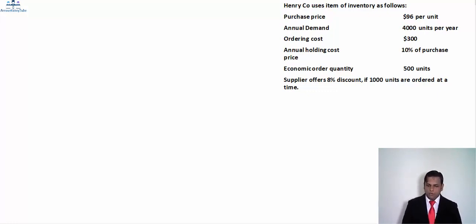We have been given some data: purchase price is $96 per unit, annual demand is 4,000 units per year, ordering cost is $300, annual holding cost is 10% of purchase price, and economic order quantity is 500 units. Here we are being offered a discount by a supplier if we place an order of 1000 units instead of 500 units.